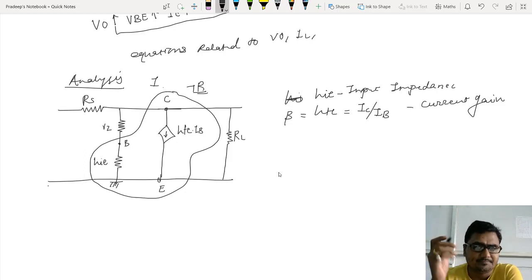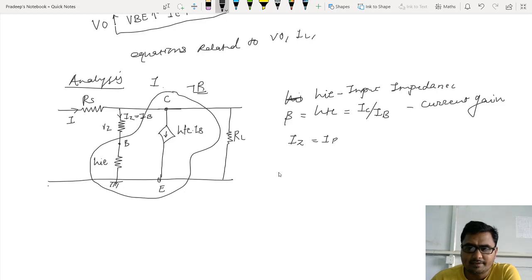Now, how many currents are there in the circuit? The first current is I. This current is the Zener current, which is nothing but the base current. I will write IZ equals IB, because the same current is flowing through the Zener as well as through the base of the transistor. I have not considered resistor RB in the circuit, because RB is needed only at the time of practical.